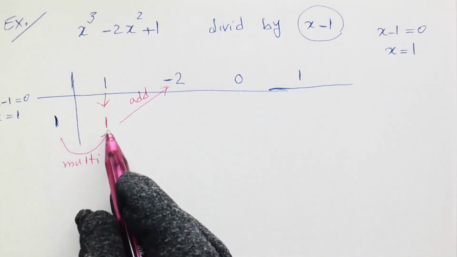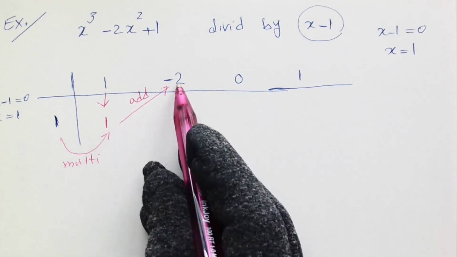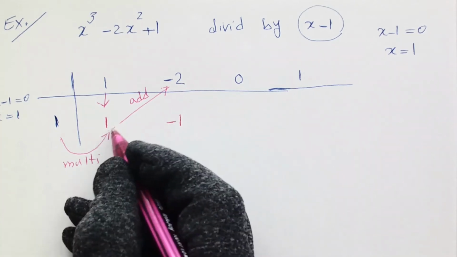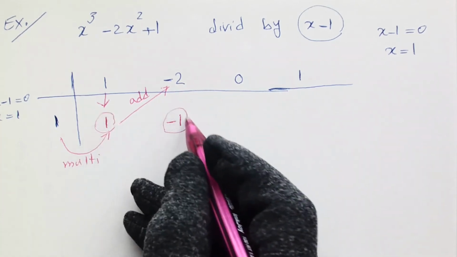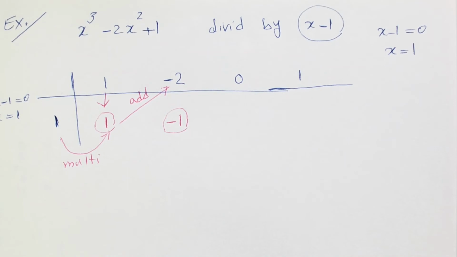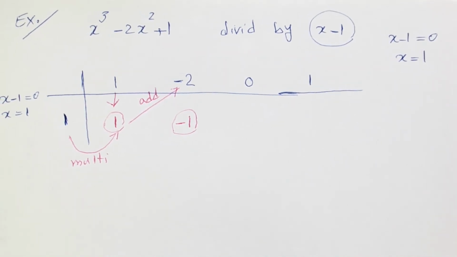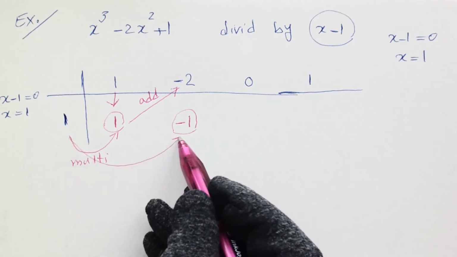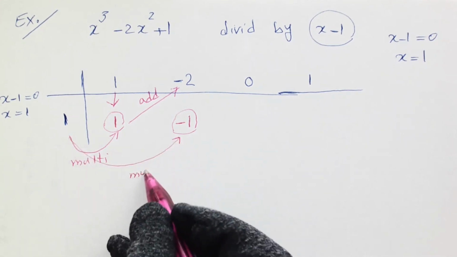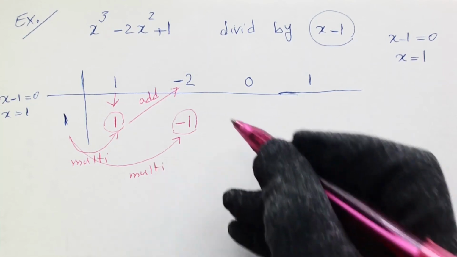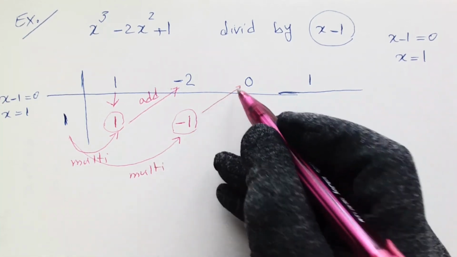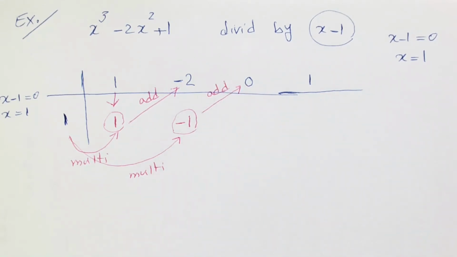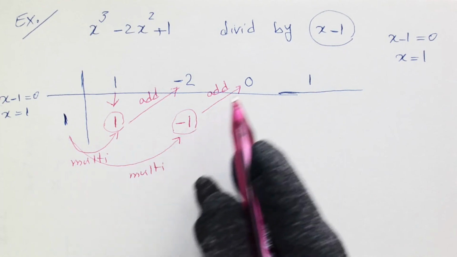1 times 1 is 1. 1 plus negative 2 is negative 1. So you see here, this is 1, this is negative 1. Exactly, we continue the same. We multiply this magic number 1 now by this negative 1, and we add the product and this 0. 1 times negative 1 is negative 1.